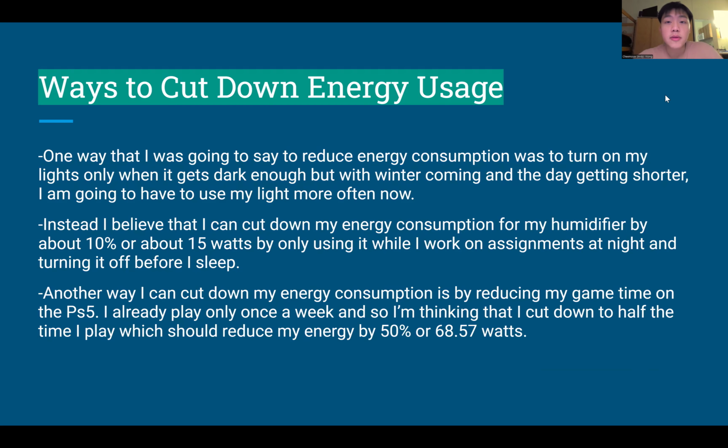And ways to cut down my energy usage. I was going to say to reduce the amount of time that I leave my light on, but winter is coming, the days are getting shorter, and so I'm going to have to use my light more often now.